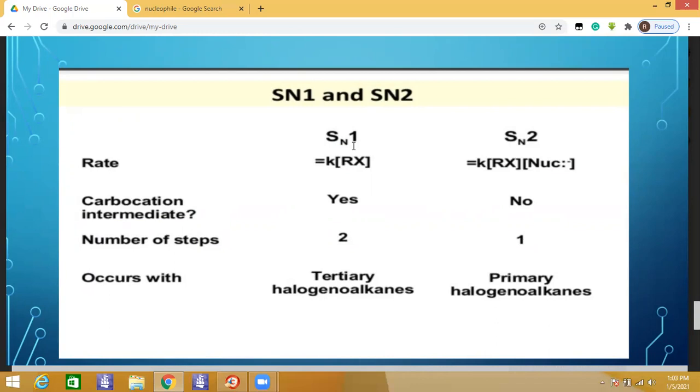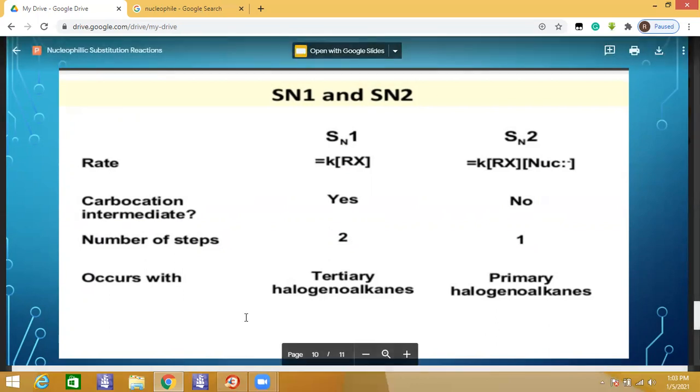Similarly, RO⁻, which is alkoxide, is stronger than alcohol. The concentration of the nucleophile also affects these rates. The higher the concentration of nucleophile, the more it favors the SN2 mechanism, whereas a lower concentration of nucleophile favors SN1.